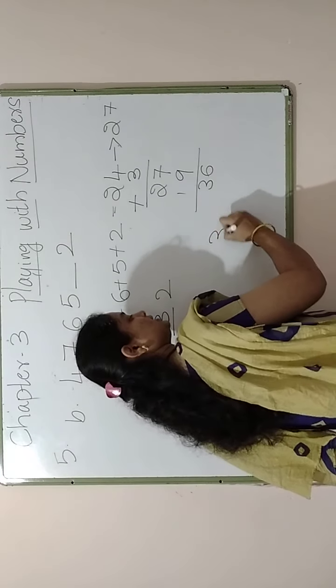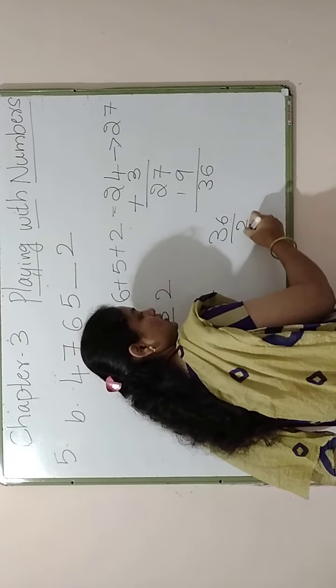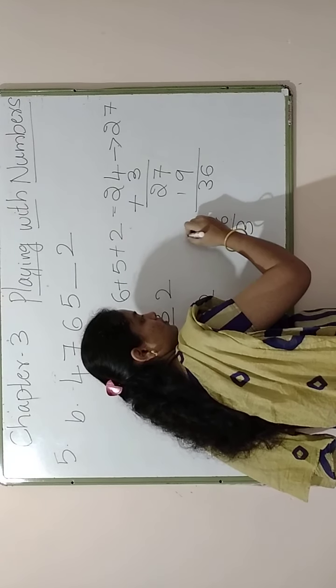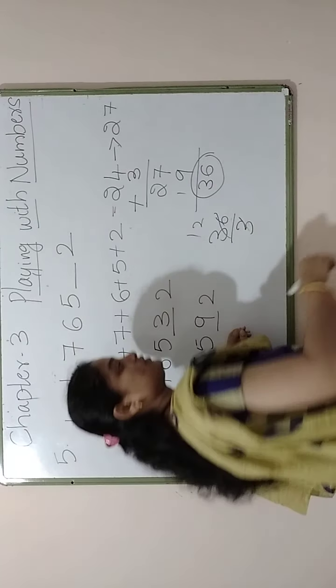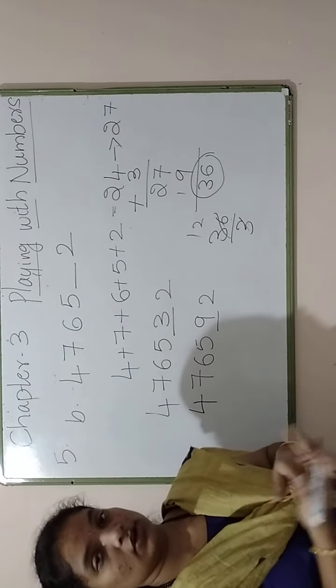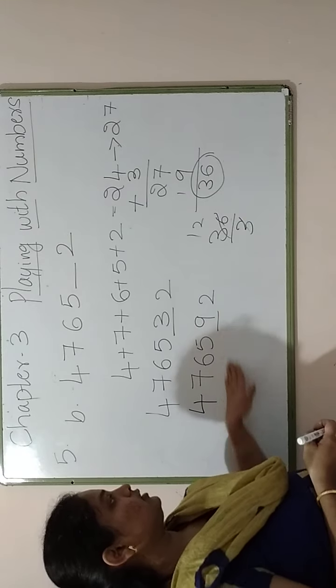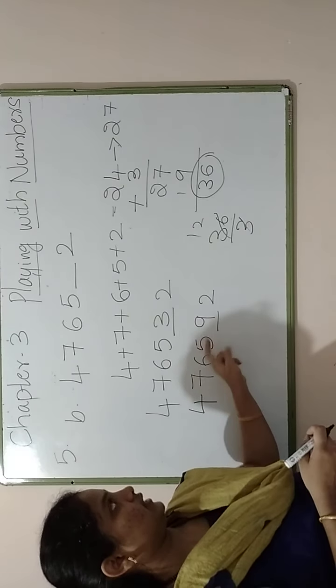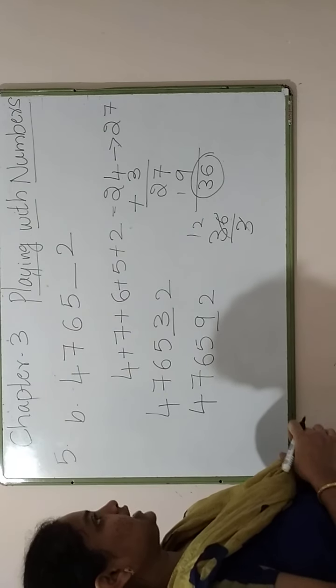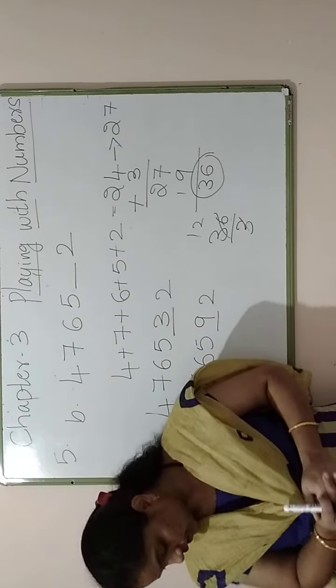Okay, 36 is a multiple of 3. 3 ones are 3, 3 twos are 6. So 36 is a multiple of 3, and hence this number is easily divisible by the number 3. This is the smallest number and this is the greatest number. So these all are easy problems. So solve them at home.